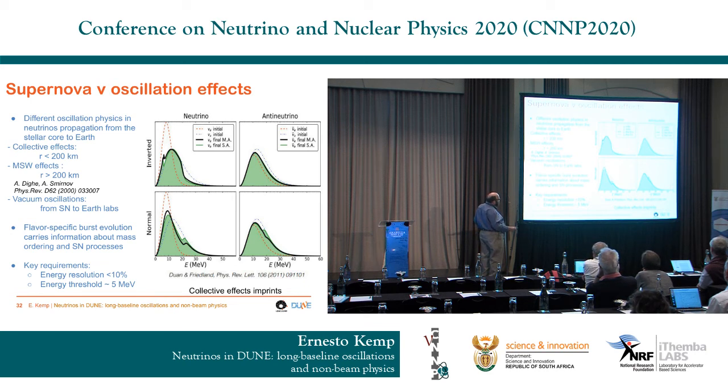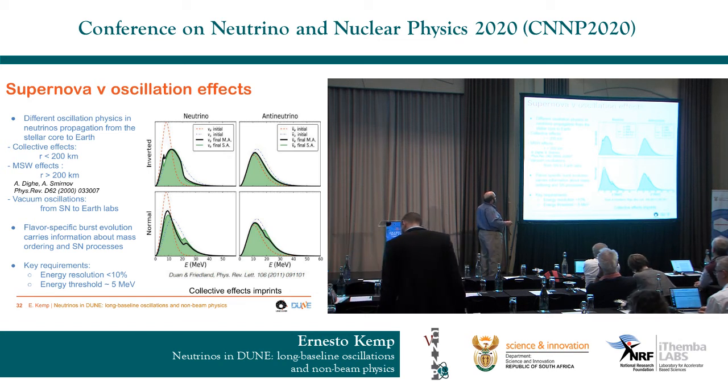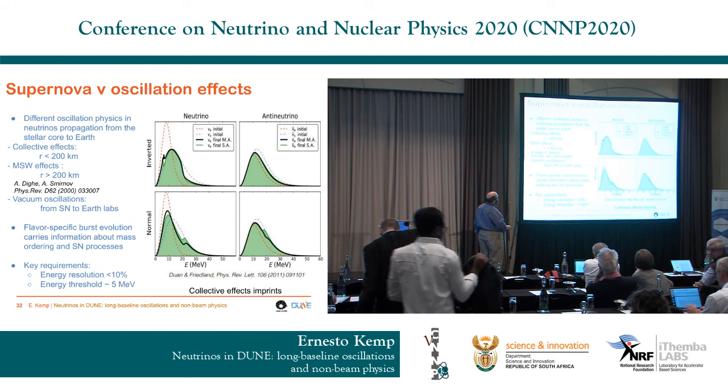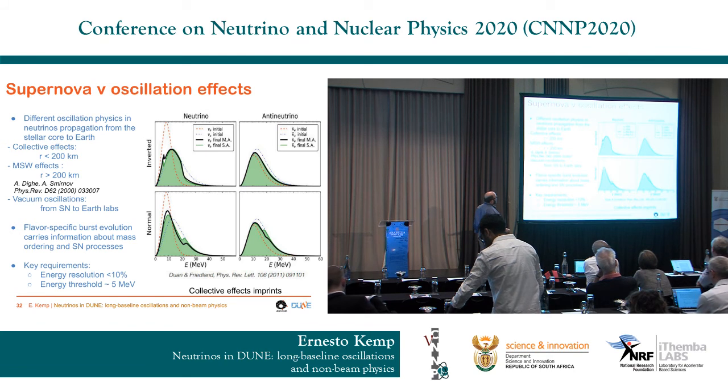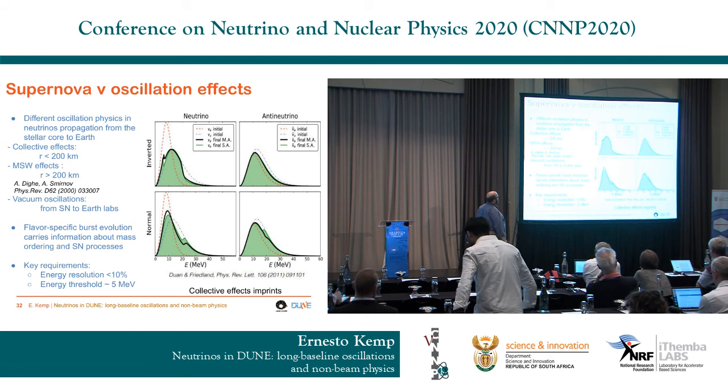So apart from the standard scenario for supernovae, one can see that if we include the collective effects that occur inside the neutrino sphere, there could be a dramatic change in the time evolution of the spectra.